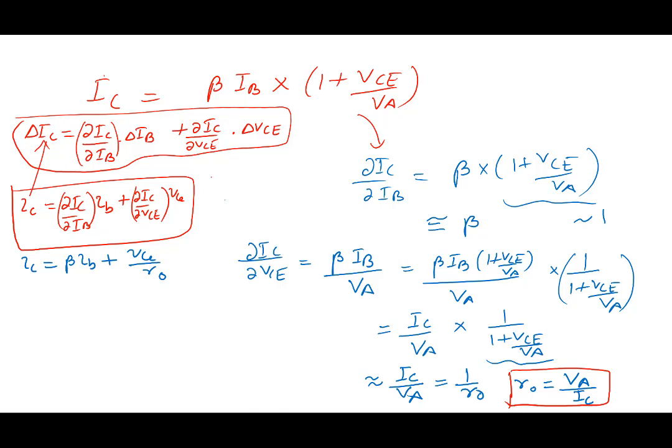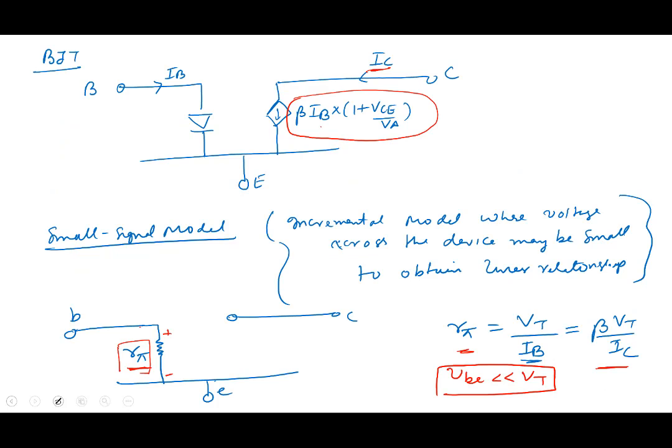Okay, so let's go back. Note that this is ic. And what expression did we find for ic? Ic is equal to beta small signal ib plus vce by R0.